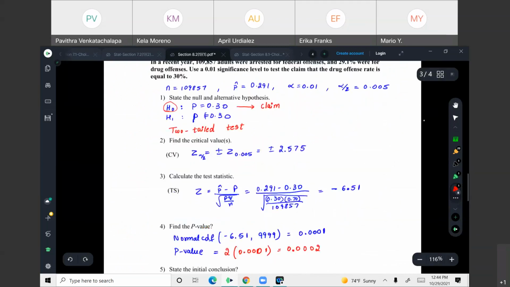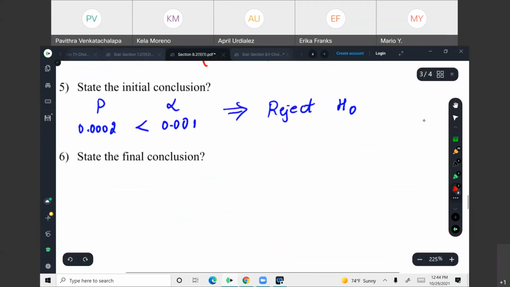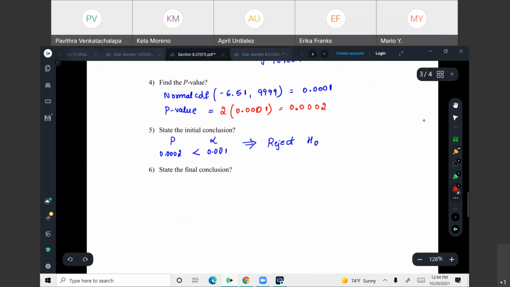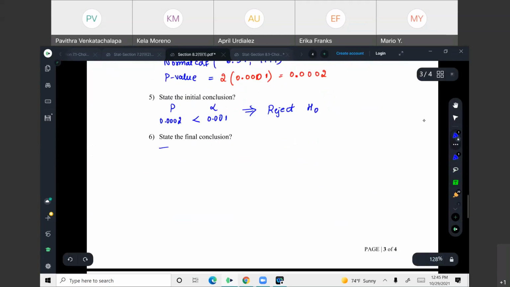There is sufficient evidence, but I'm going to reject the claim. And what was the claim about?